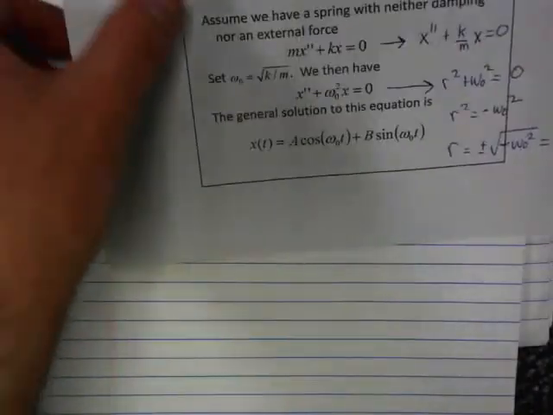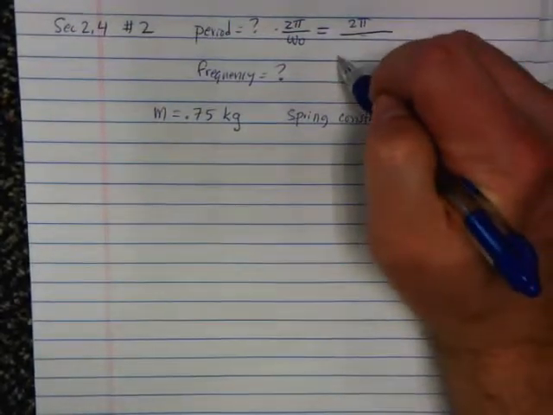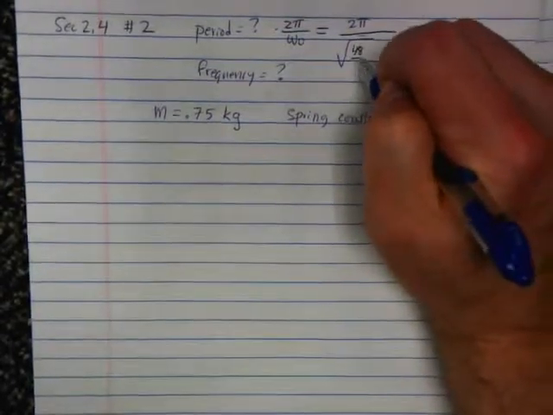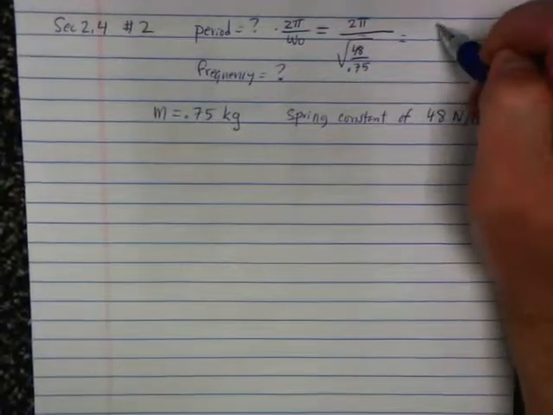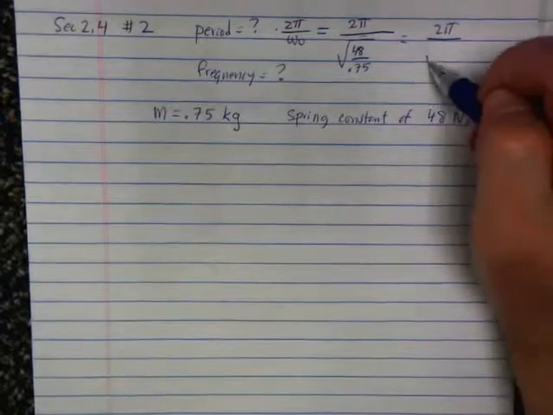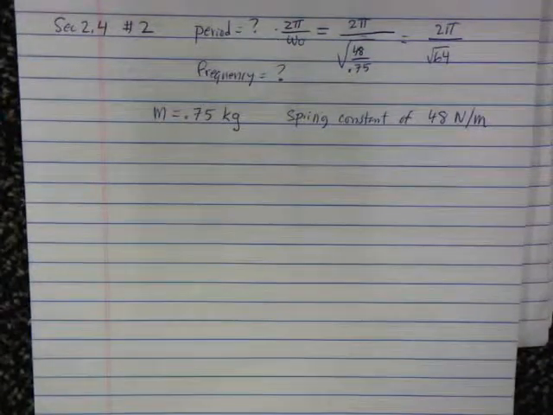So the answer is 2 pi divided by the square root of the spring constant, which is 48, divided by the mass, which is 0.75. That's 2 pi over what's 48 divided by 0.75? I'm guessing it's 64. Yes?